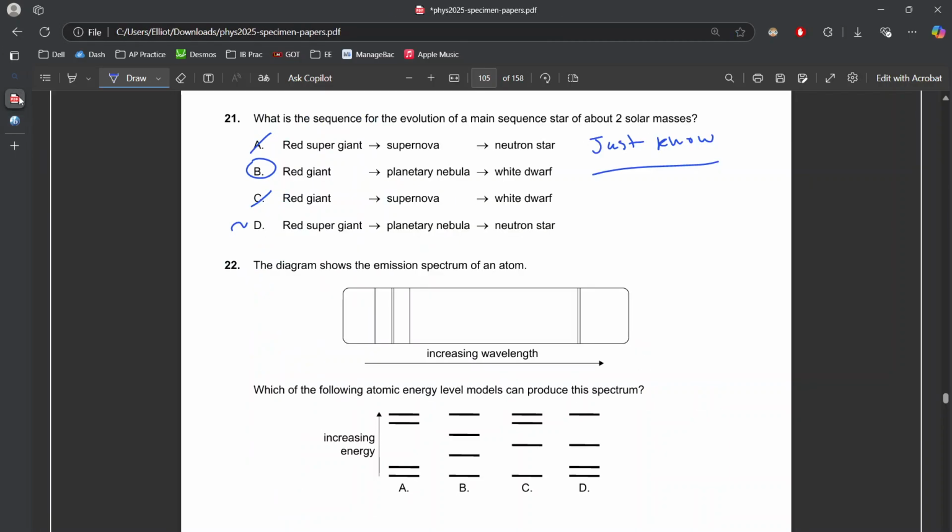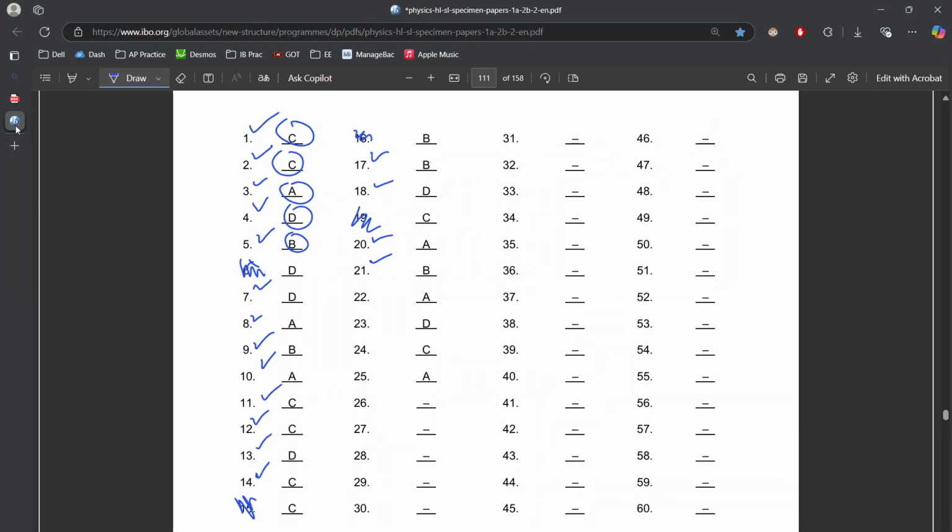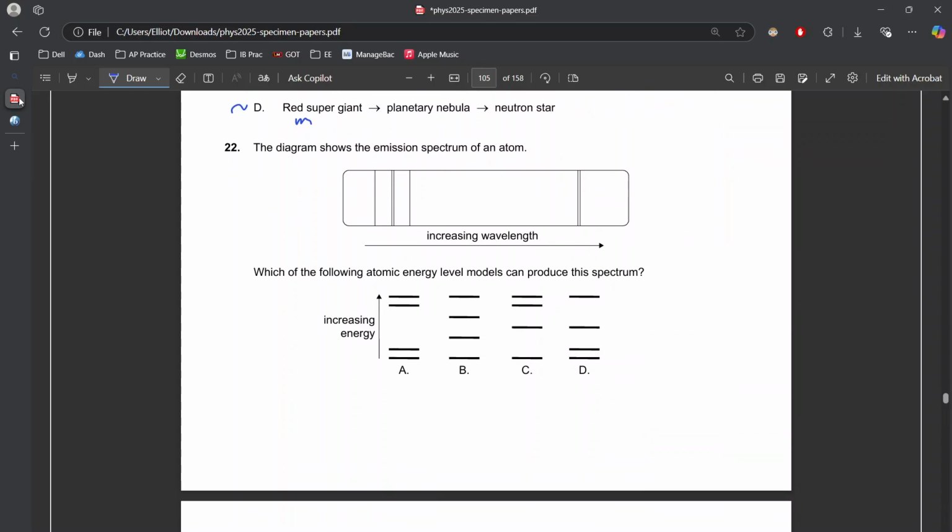Generally, you need big mass to do supernova, and a good bit of mass to go supergiant. 2 solar masses is obviously greater than the mass of our sun, but is it much greater? No. So B makes the most sense to me, if I just had to guess, which I do because I don't know the answer.